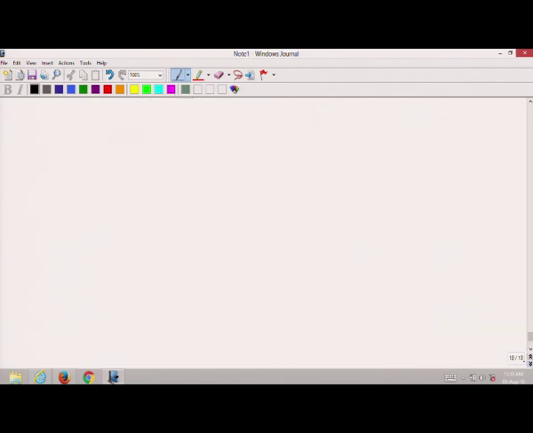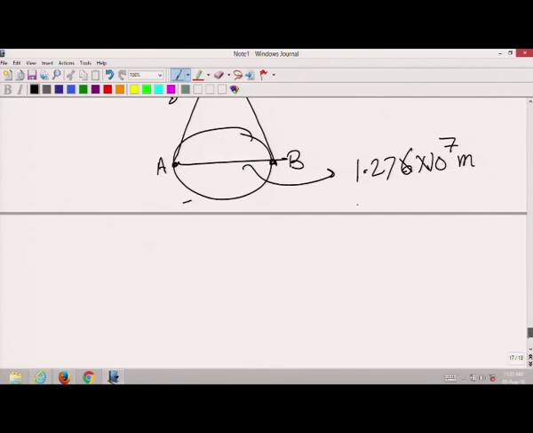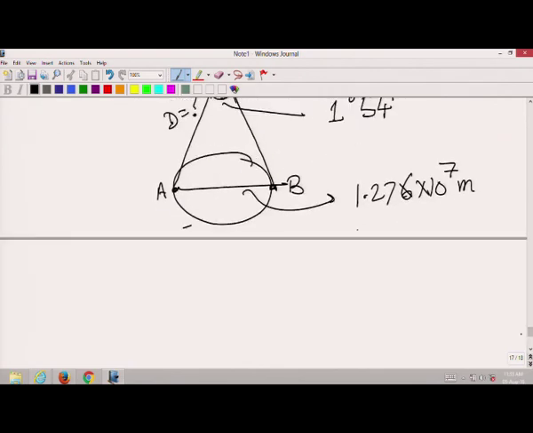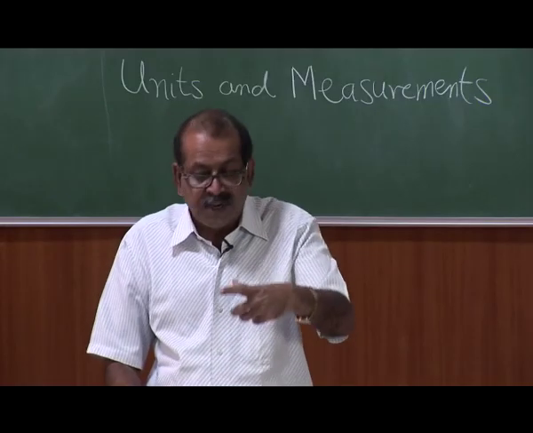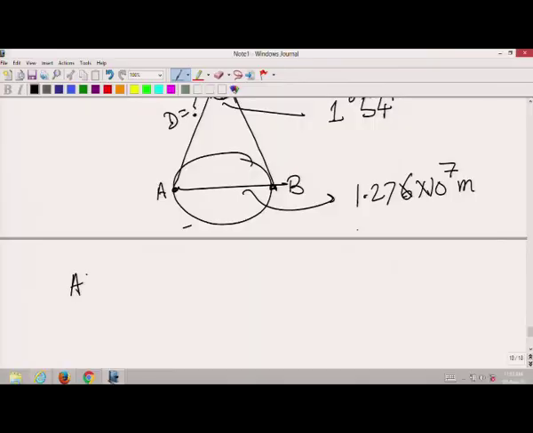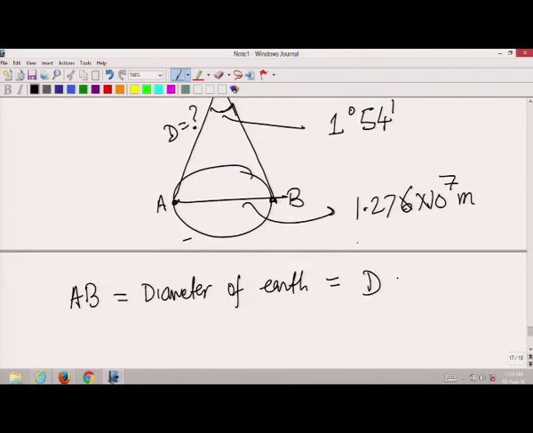So, to solve this problem, you know the arc length AB is equal to radius times theta. Therefore, AB, which is equal to the diameter of earth, is equal to D times the angle theta, where theta is 1 degree 54 minutes.